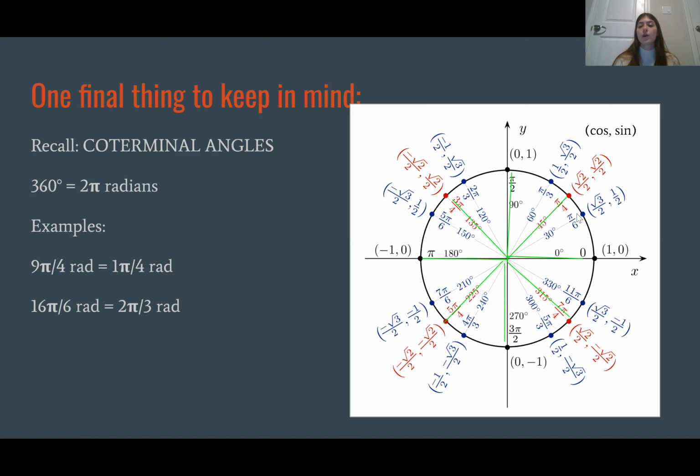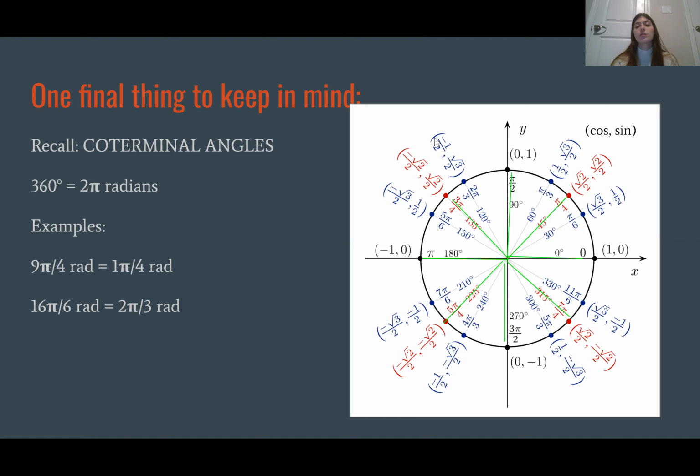So here's 1 over 6, 2 over 6, 3 over 6, 4 over 6, 5 over 6, 6 over 6, 7 over 6, 8 over 6, 9 over 6, 10 over 6, 11 over 6, 12 over 6, 13, 14, 15, 16 pi over 6, right here. And that is coterminal to 2 pi over 3, which is the exact same thing as 120 degrees.